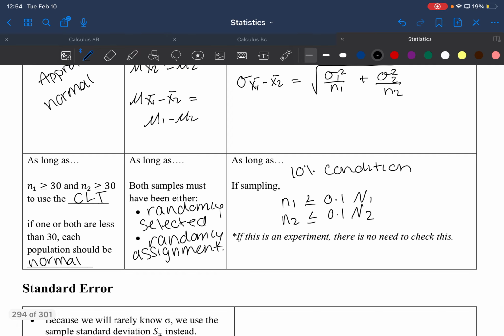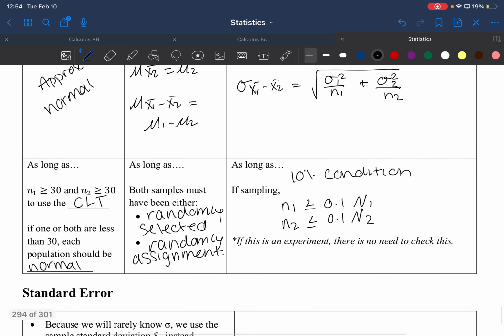The only time we do not check independence is when we are doing what? An experiment, right? In an experiment, we do not check independence, which means we do not check the 10% condition. Okay. Any questions so far?